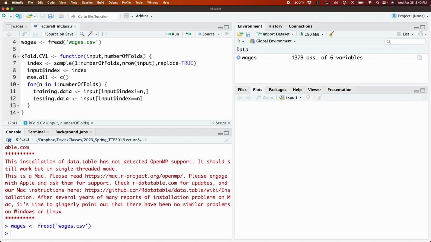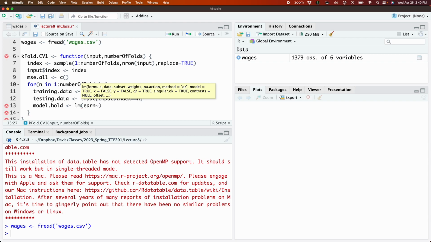Okay. And now all we have to do is do our regression model. So I'm going to test 2 models. We're going to do, from last time, earnings regressed on height, sex, race, and education.